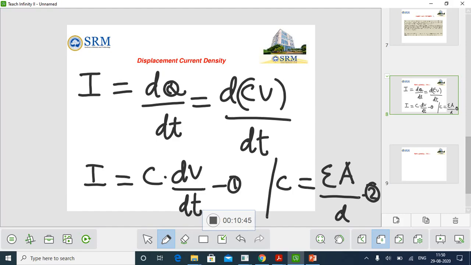Now we would like to substitute equation number 2 in equation number 1.